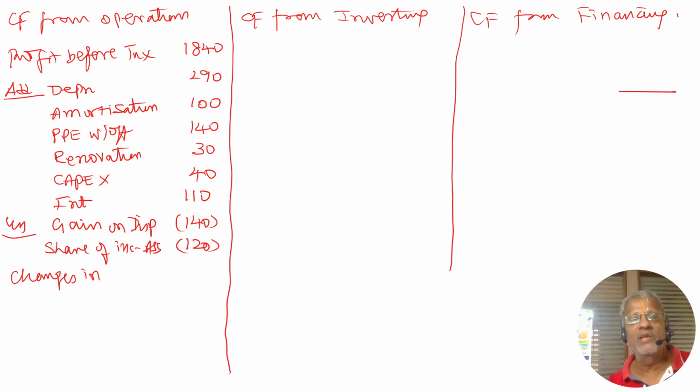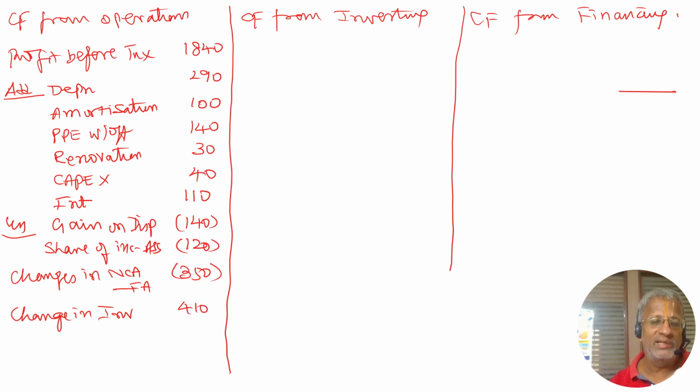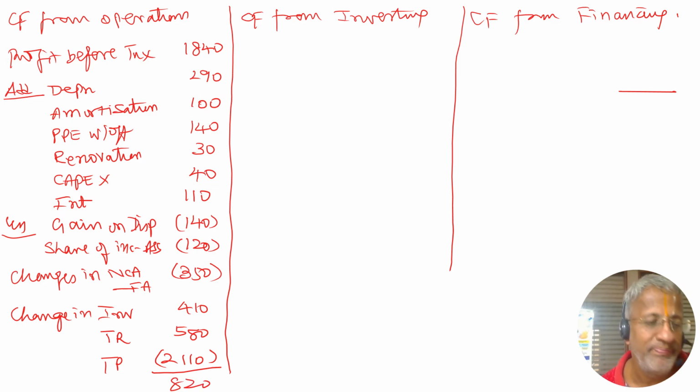So changes in financial assets, inventory, trade receivable and trade payable, all that we have seen as a working there in the previous page, and now by taking up all that it comes to 820. This is what you have to take it up.